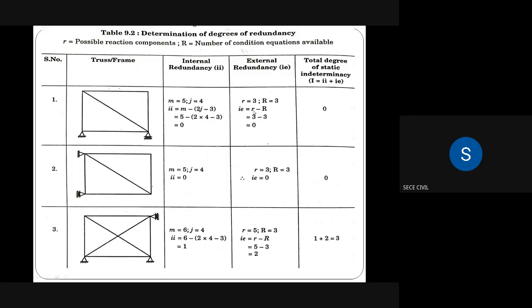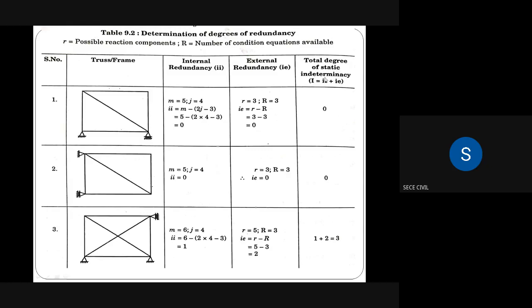The formula is IE equal to small r minus capital R. Small r is the number of reactions in the given problem, so that is 3: hinge support 2, roller support 1. Capital R is the number of equilibrium equations: summation H equal to 0, summation V equal to 0, summation M equal to 0. So 3 minus 3 is 0.